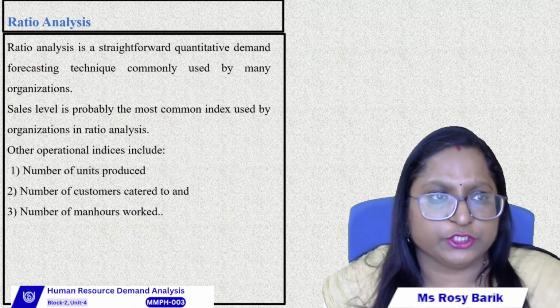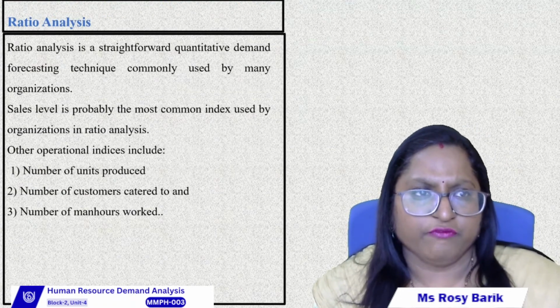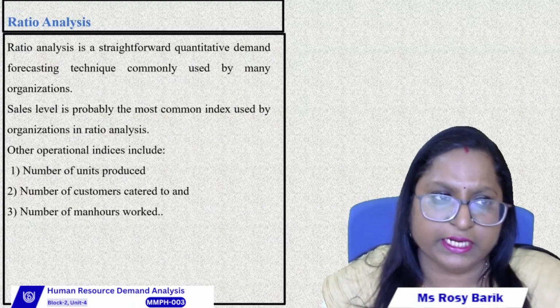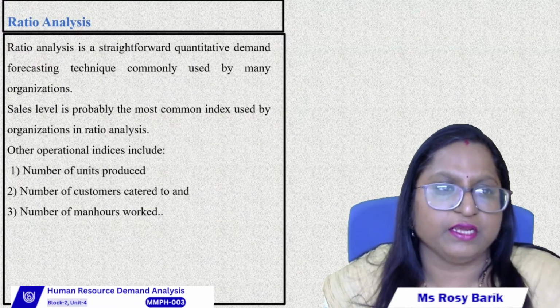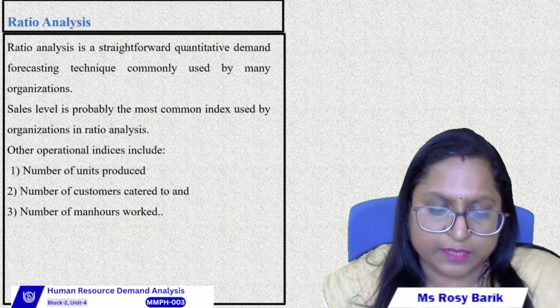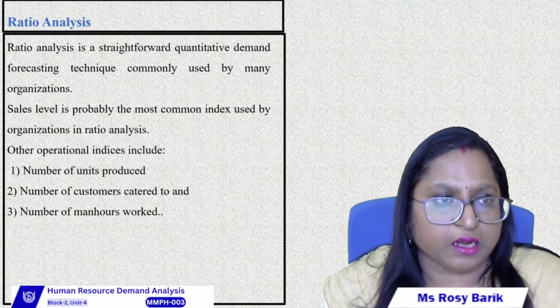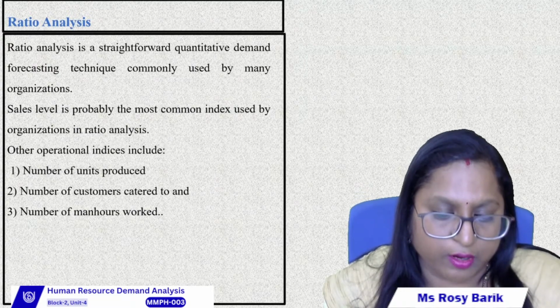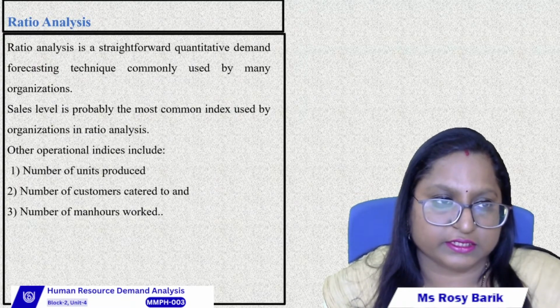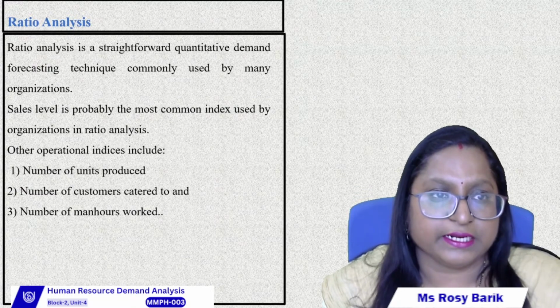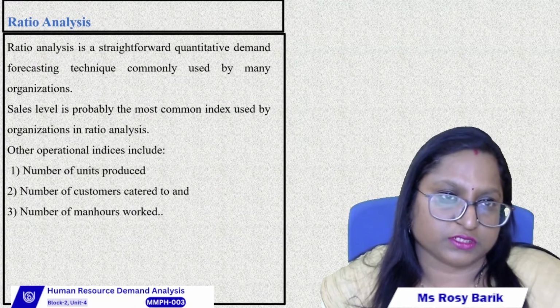Now comes the ratio analysis. We can say the ratio analysis is a straightforward quantitative demand forecasting technique commonly used by many organizations. It is based on ratios of production level and the number of workers required or available in the organization, and this ratio will be used to estimate the demand of HR resources.